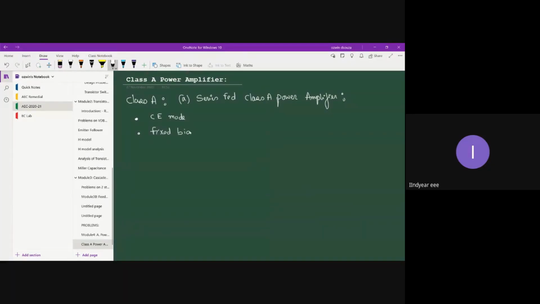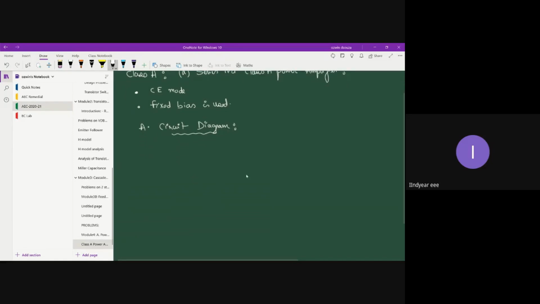So fixed bias is used. Let us draw the circuit diagram. And remember, whatever transistor we are using in a power amplifier, it is basically a power transistor.